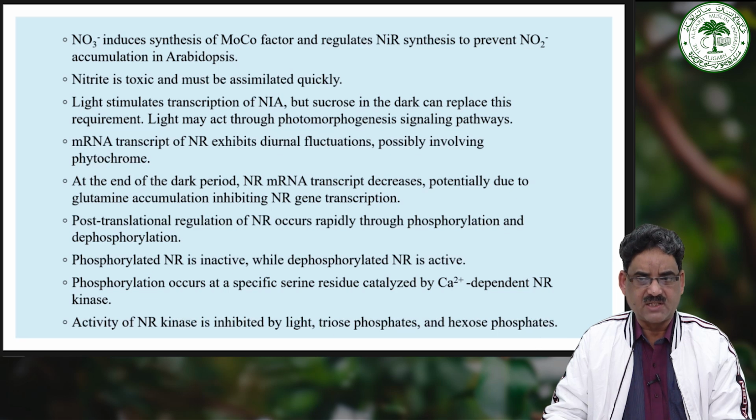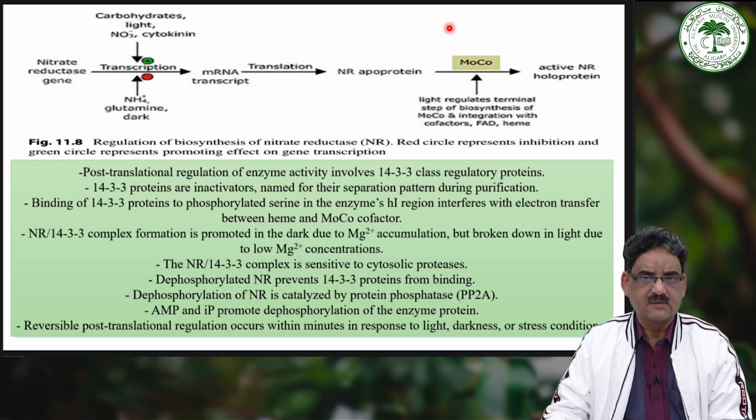ATP-dependent phosphorylation targets a specific serine residue in the HI region, catalyzed by calcium-dependent NR kinase. The activity of NR kinase is inhibited by light, triose phosphate, and hexose phosphate.